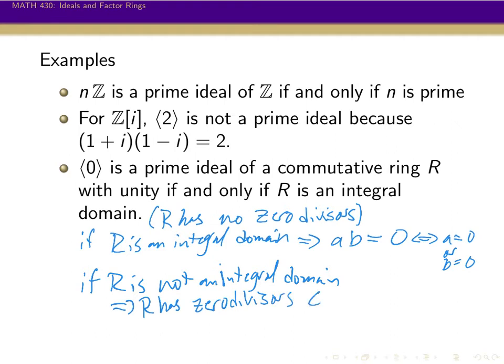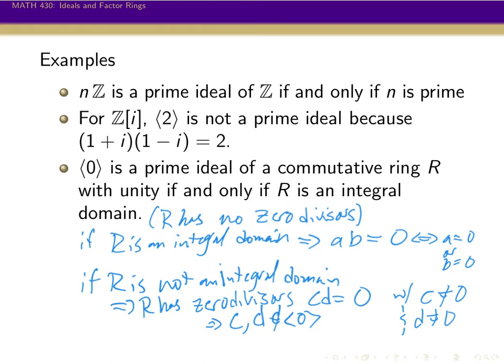Let's call them c and d. When you multiply them together you get 0, with c not equal to 0 and d not equal to 0. And so neither c nor d is inside the ideal generated by 0, because the ideal generated by 0 is just 0.